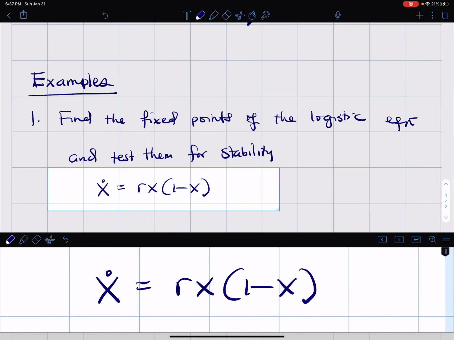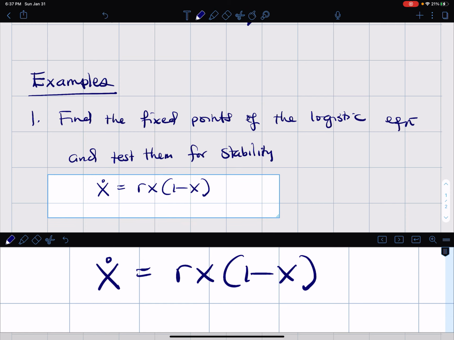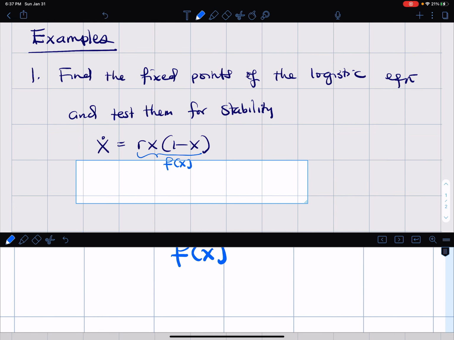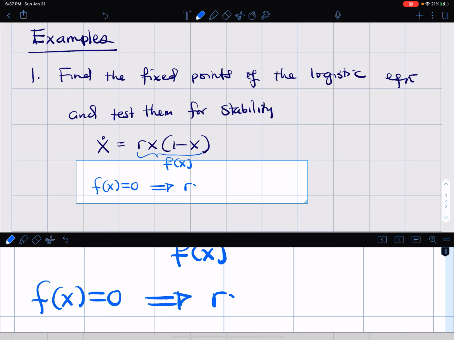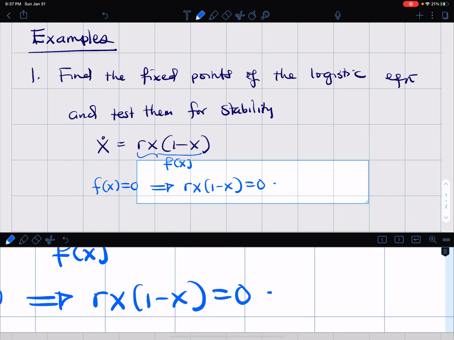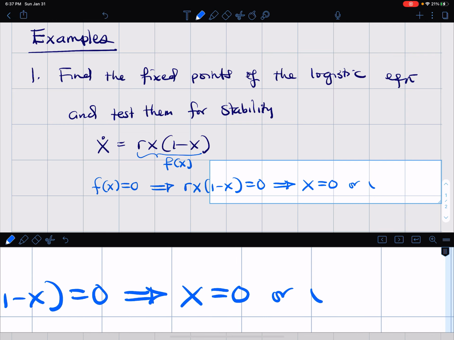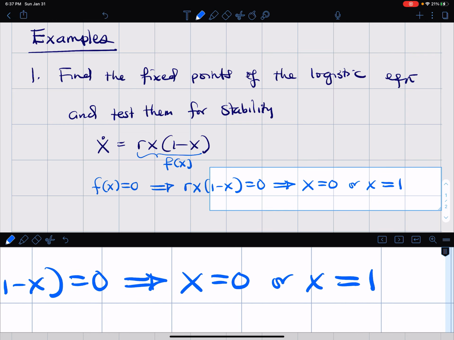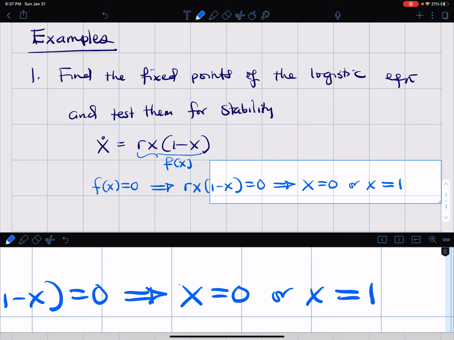Okay, so this is our f(x). All we have to do is set that equal to 0. So if we set f(x) = 0, that implies rx(1 - x) = 0. This tells us that x = 0 or x = 1. So these are our two critical points.